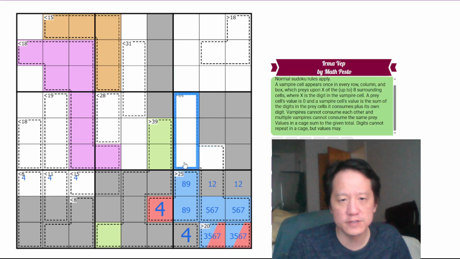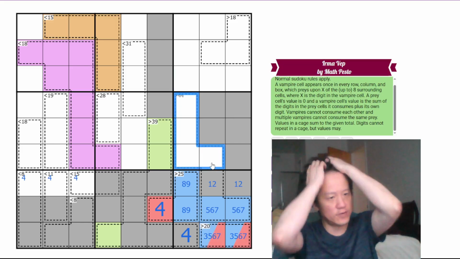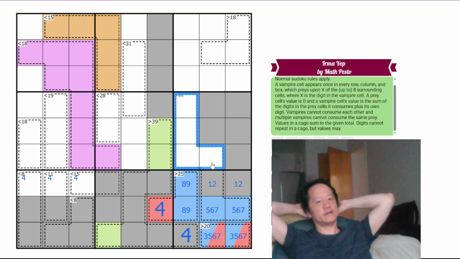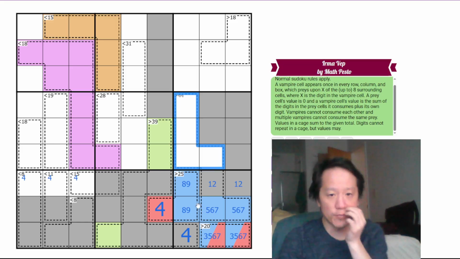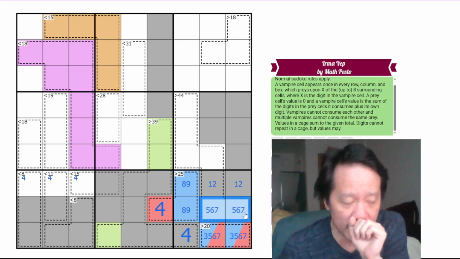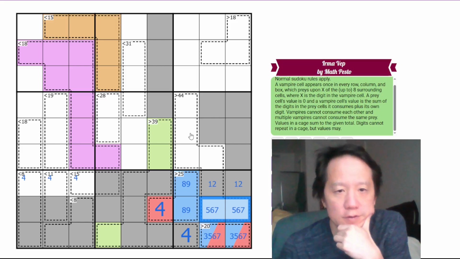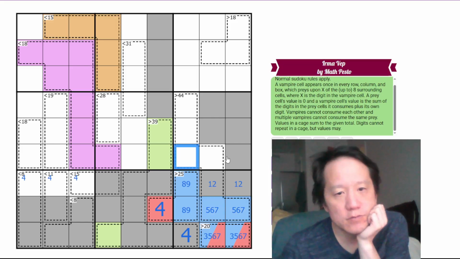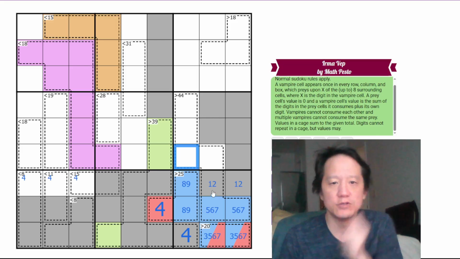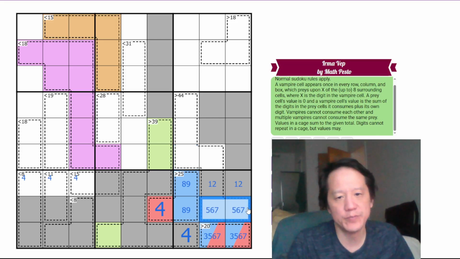In these cells, you cannot have an 8, right? Oh, these are preyed upon, so this is 0 in value. This cell, so this is 0 in value here.